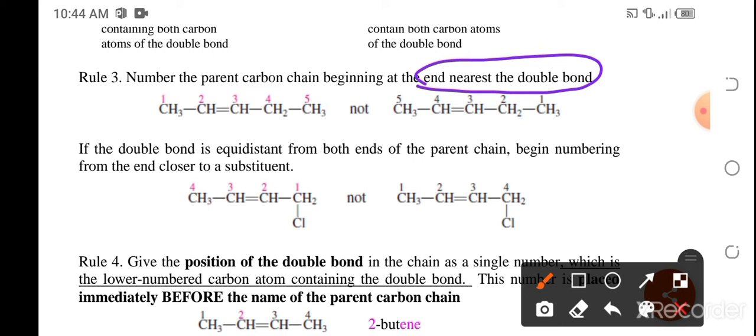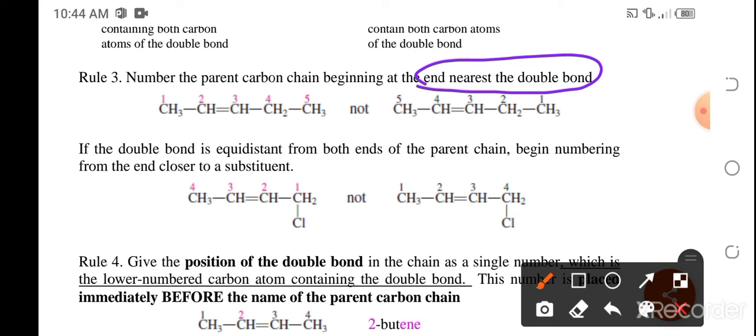So, ang priority natin dito would no longer be the alphabetical listing or priority of the alkyls. Rather, the priority for numbering would be the double bond, such that you should be giving them a number with the lowest one.